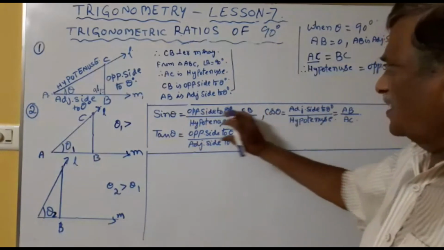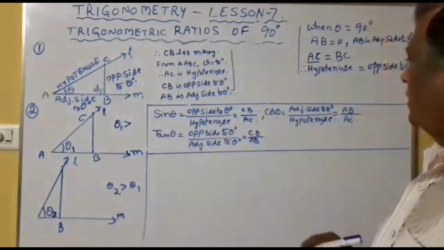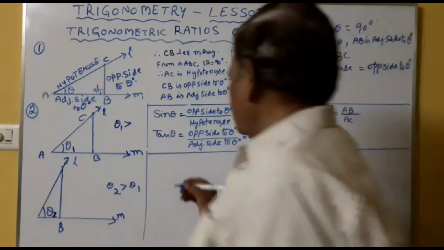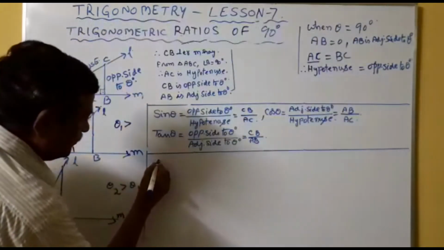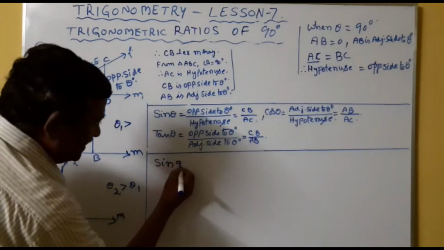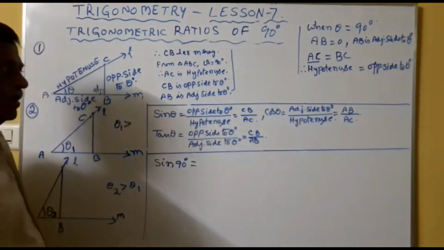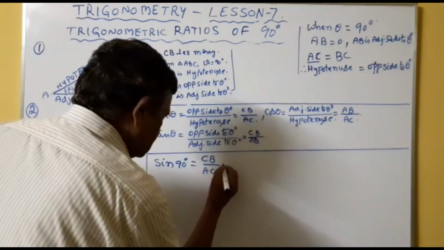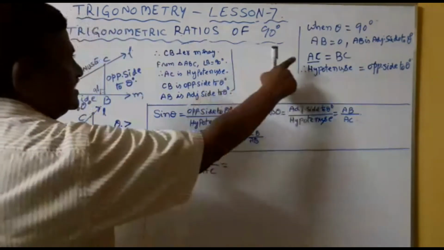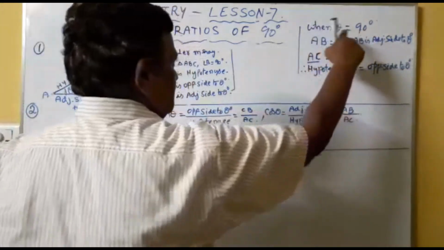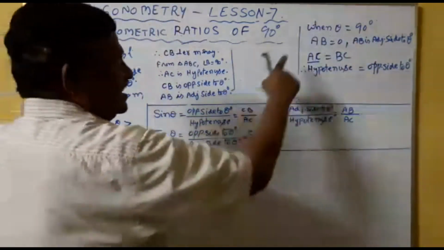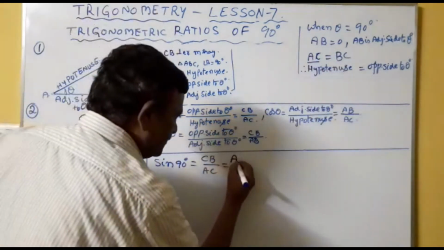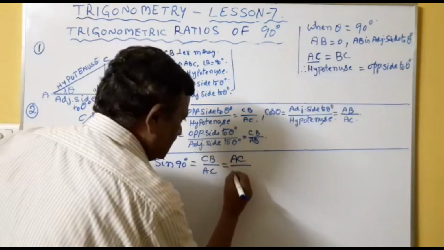Using these trigonometrical definitions, what happens when theta equal to 90 degrees? Sin 90 degrees equal to CB by AC. What is CB? When theta equal to 90 degrees, CB equal to AC. Therefore, instead of CB, write AC by AC.